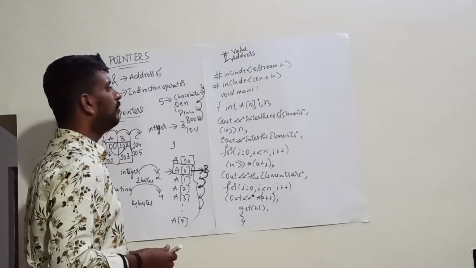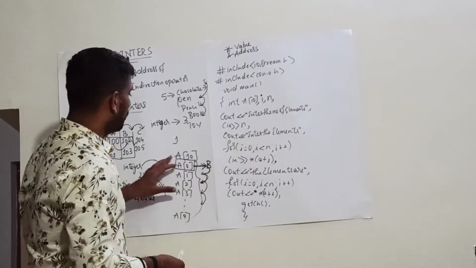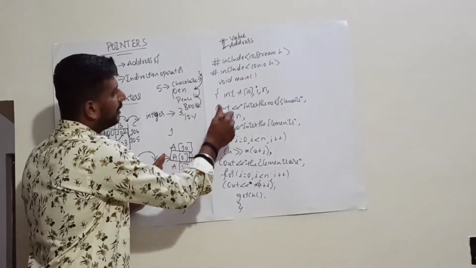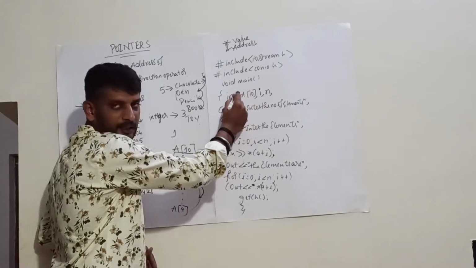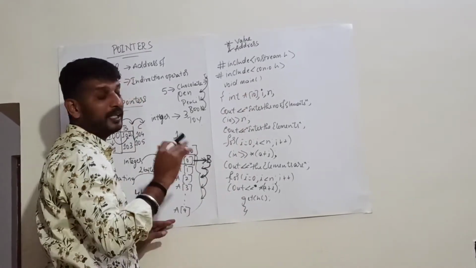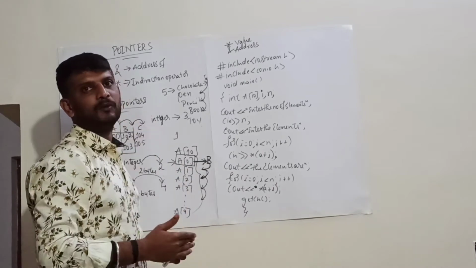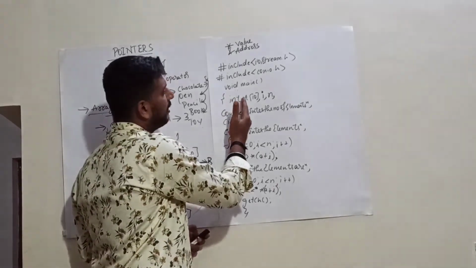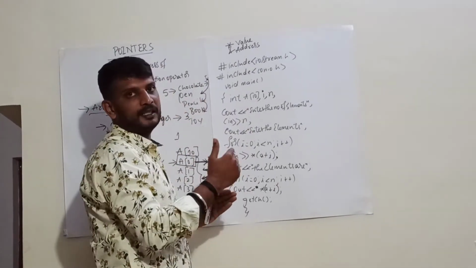Okay. Now, as I told you, in this particular example I have an array of size 10, but I am not making use of 10 pointers. Instead, I am assigning the first element's address to the pointer.